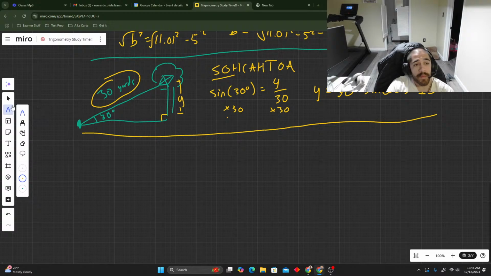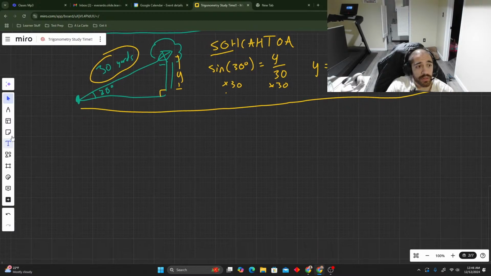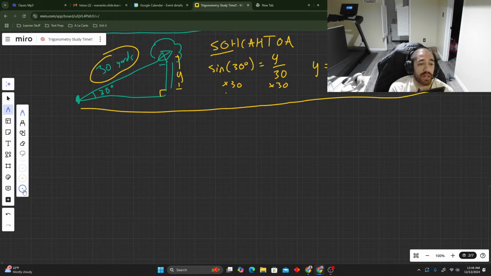Okay. The next thing we want to tackle, okay? This is important. This is another part that's going to be key that you're going to run into in your exam. It's going to be the 30, 60, 90 triangle relationship, okay?